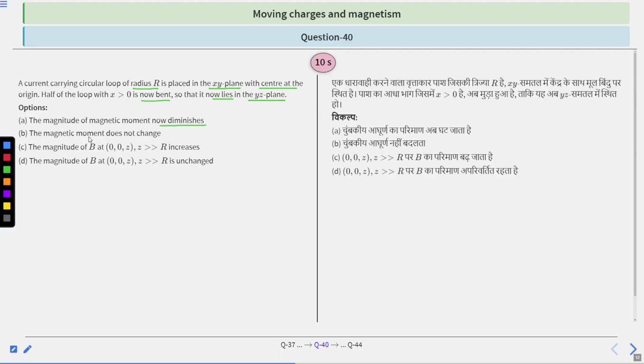Option B, the magnitude of magnetic moment does not change. Option C, the magnitude of B at (0, 0, z), z greater than r, increases. And option D, the magnitude of B at (0, 0, z), z greater than r, is unchanged. So which option is correct? Option A, option B, option C, or option D? You have 10 seconds to solve this question. After 10 seconds, we will provide the solution.